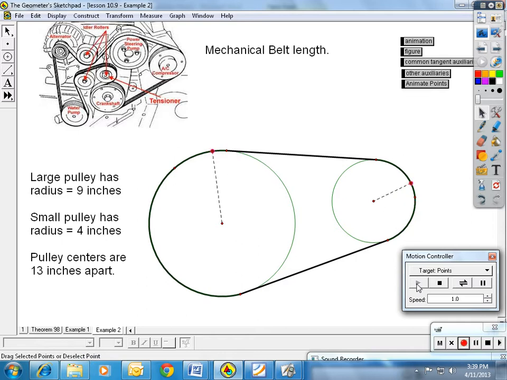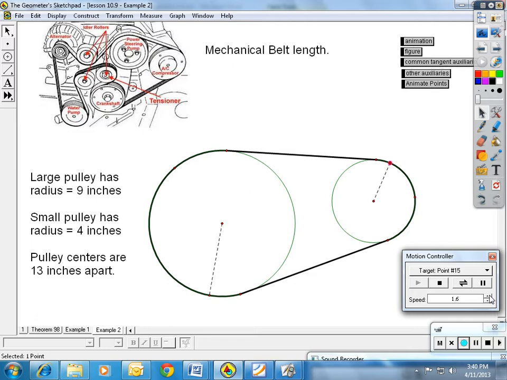As the large pulley turns, it turns the smaller pulley, and this smaller pulley is actually going to be moving a little bit faster than the larger pulley because of the mechanics of the whole thing.